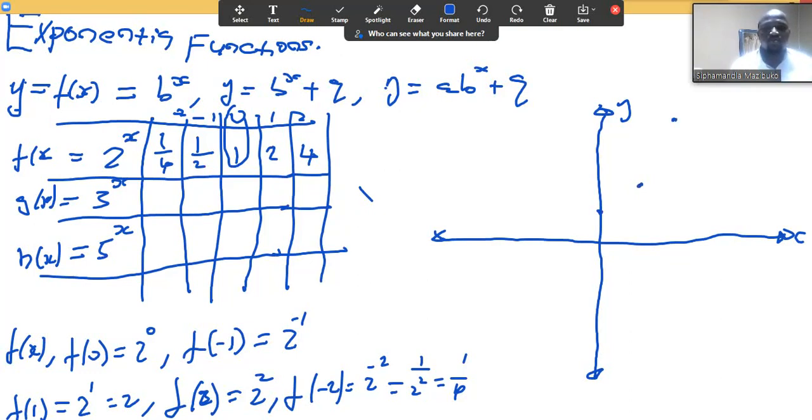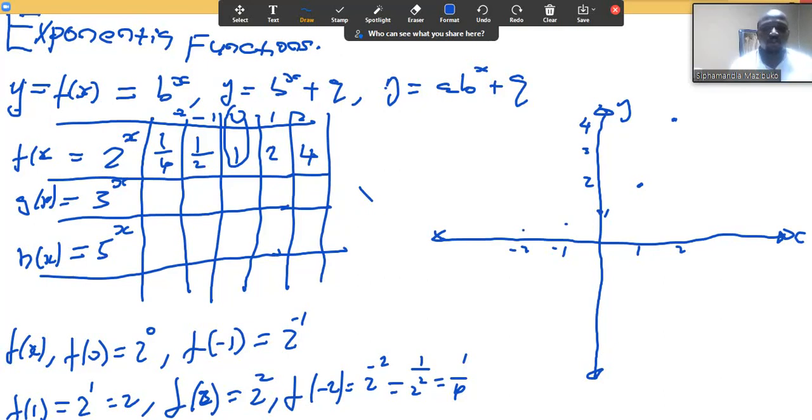Vice versa, this will be our 1, 2, and 1, 2, 3, 4. Then we can have our minus 1 and minus 2. You notice that minus 1 goes to a half, and minus 2 is 1 over 4.